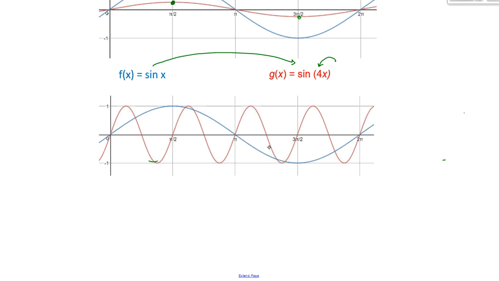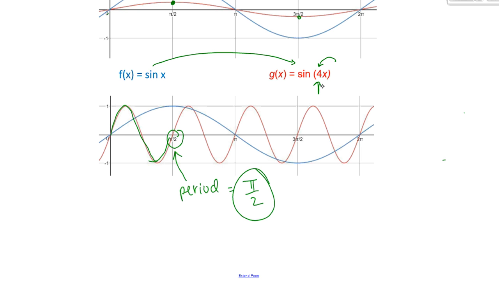So the difference between these graphs is obviously that when the blue one does one cycle, it takes until 2 pi. But the red one does one full cycle in pi halves, which means his period is pi over 2.